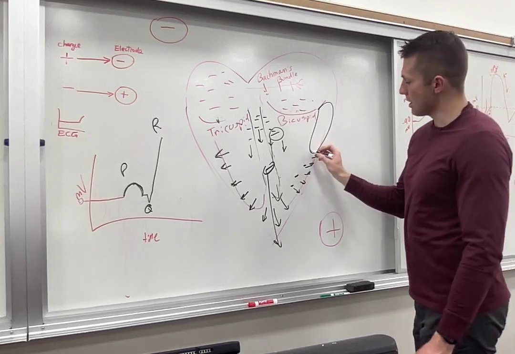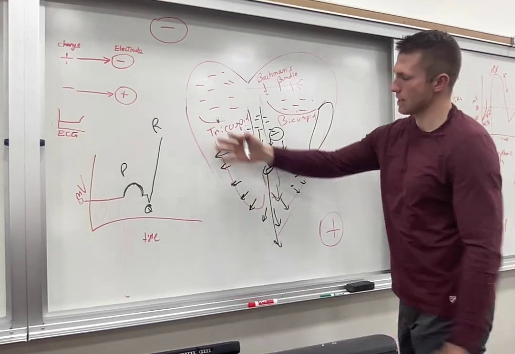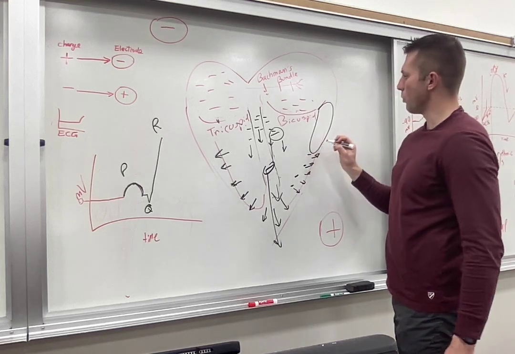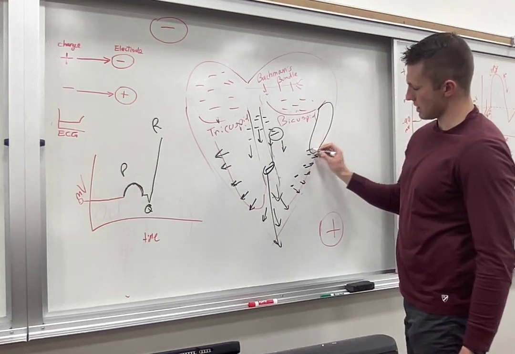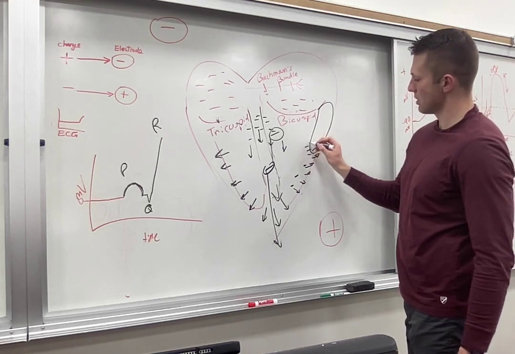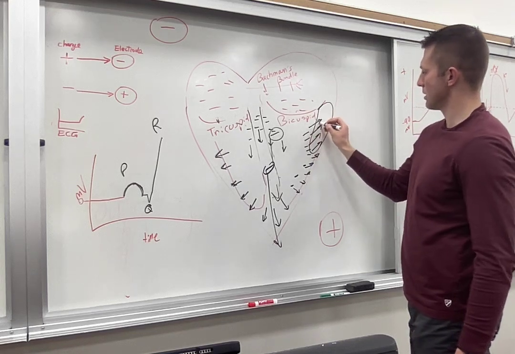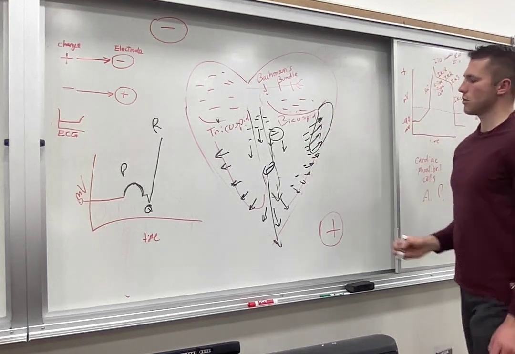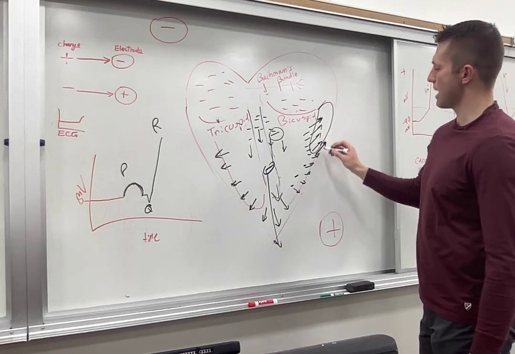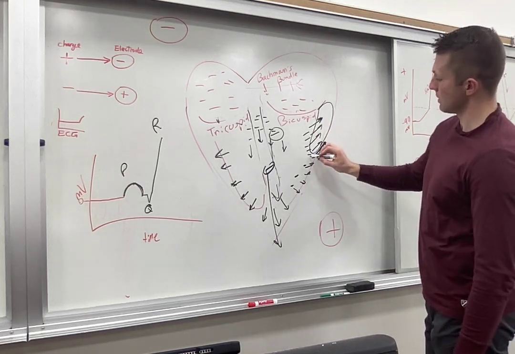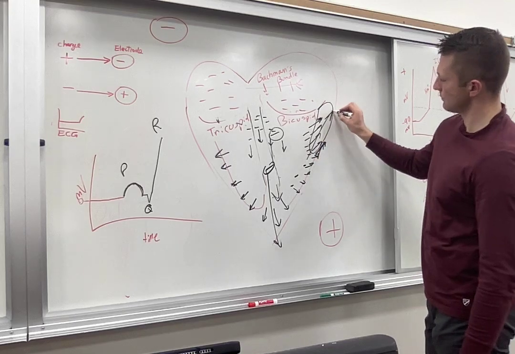So while everything else has just depolarized and we had this big R wave, we start, just like normal, these negative vectors are starting to go like this. Well, what do you think is the net or the average charge vector? It's got to be something like this.